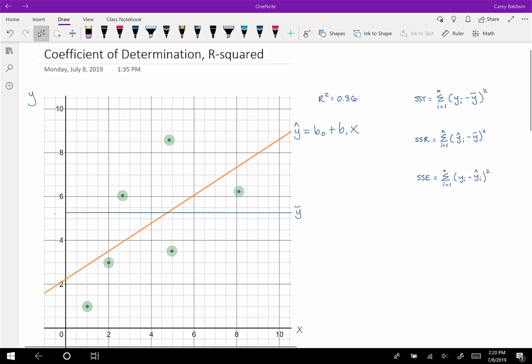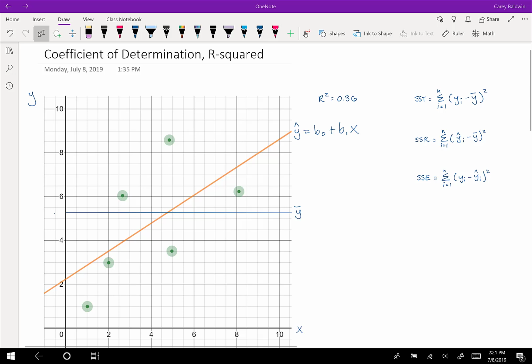We create a ratio that indicates what percent of the variation can be explained by the model. R squared is traditionally a topic that's hard for people to understand, so I'd like to break this down a little bit so you can see what the symbolic representation is all about, but also have more of a conceptual understanding of what we're really talking about when we look at the R squared value.